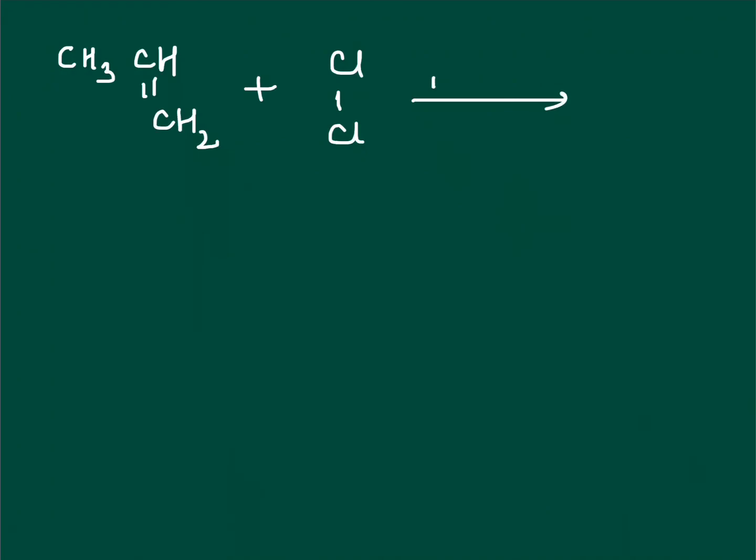Now you can try writing the reaction. Let's say you take the example of propene. So CH3CH double bond CH2, add chlorine across the double bond in an inert solvent. Very good, you got it faster than me.